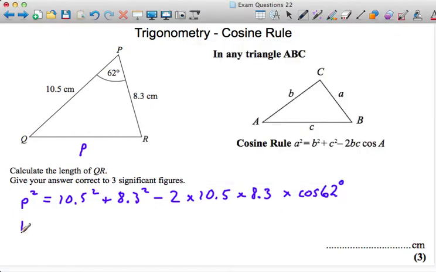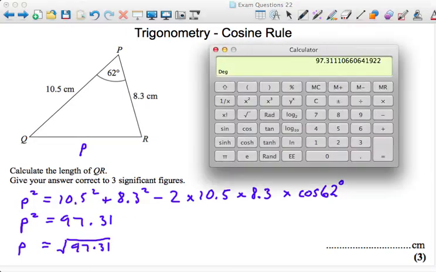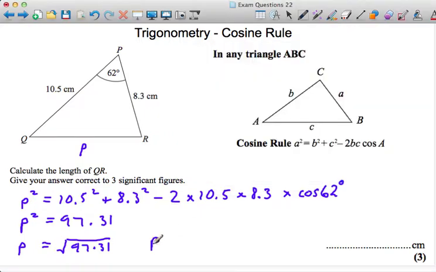So p squared is 97.31, which means p is the square root of 97.31. To three significant figures, that'll be 9.86, and the units are centimetres.